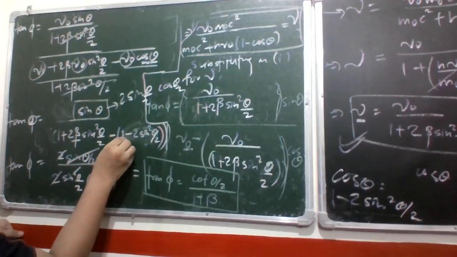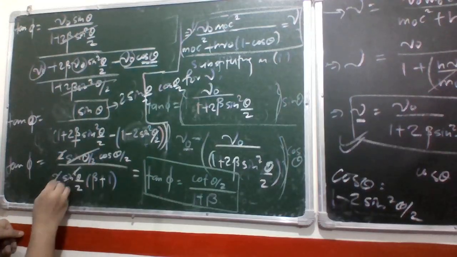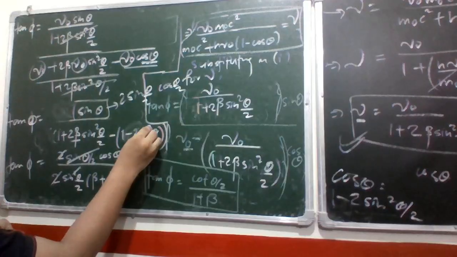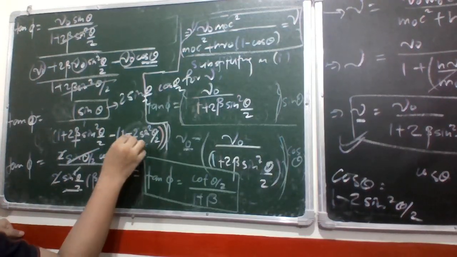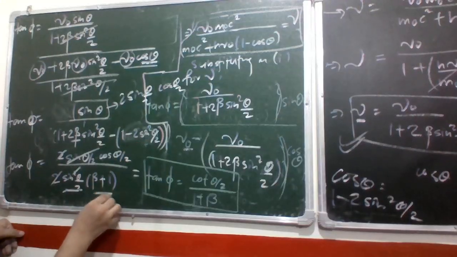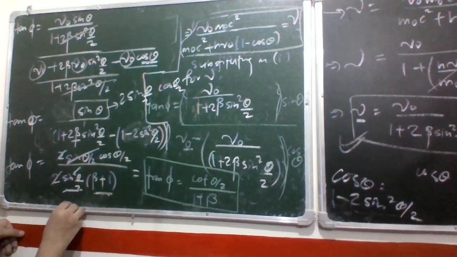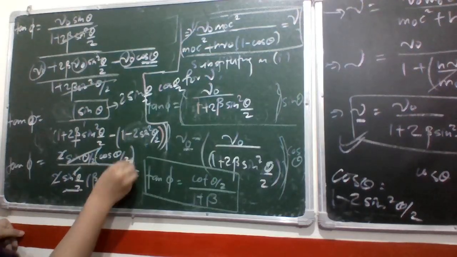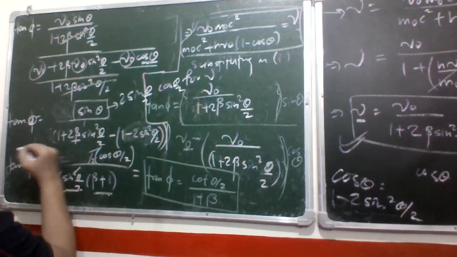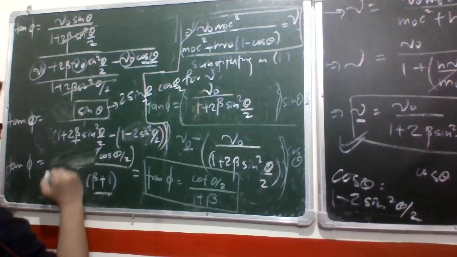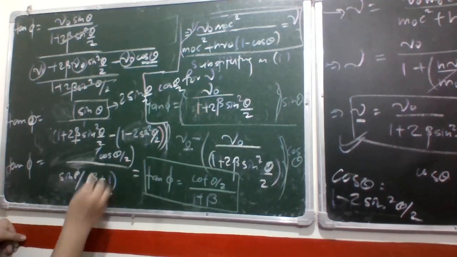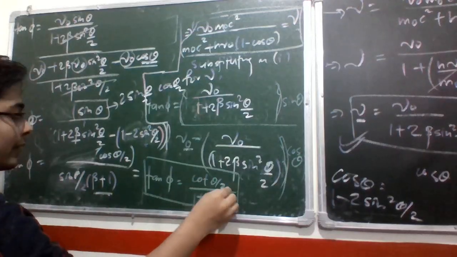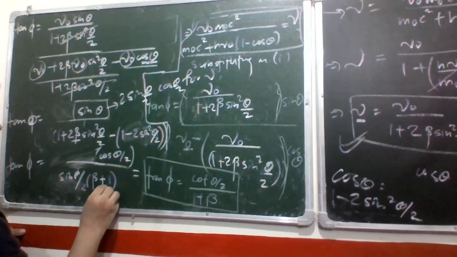This 1 and minus 1 are cancelled, and 2 sine squared theta by 2 is common, and we are left with 1 plus beta. Then after all those things are cancelled, we will be left with cos theta by 2 as a numerator, and sine theta by 2 as denominator. So this becomes cot of theta by 2 by 1 plus beta.